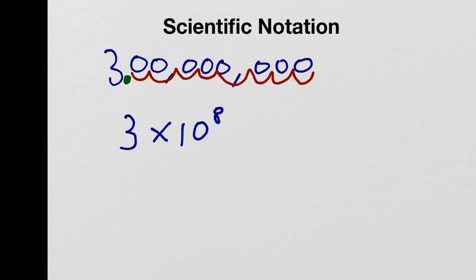And you can prove that because every time you multiply something by 10, you add a 0 to the end of that number. So if we were to expand this out, we would take our 3, and then we would jump over to the right 8 times, or take that invisible decimal right here and jump it over 1, 2, 3, 4, 5, 6, 7, 8 places.